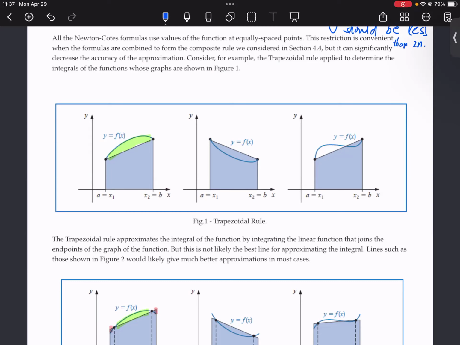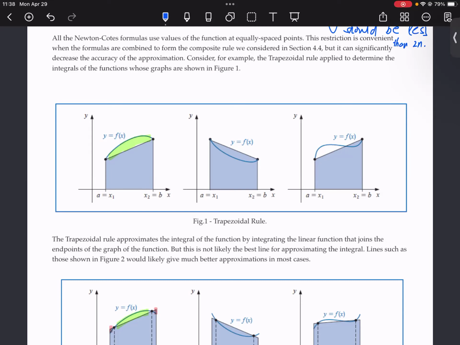This is the area between the function f(x) and the x-axis, representing the integral of f(x). The purple part represents the trapezoidal rule result. If you do the subtraction, the green part is the error, between the curve and this line.